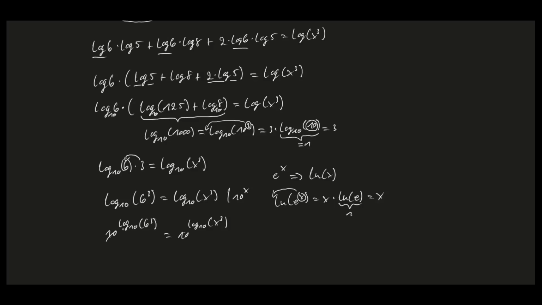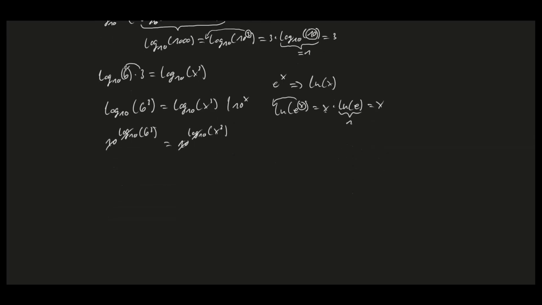So this base cancels with the logarithm, and what remains is 6 raised to the power of 3 on the left hand side, and on the right hand side we get x to the power of 3 here. And by comparison, we can see that x has to be 6. And this is the final answer.